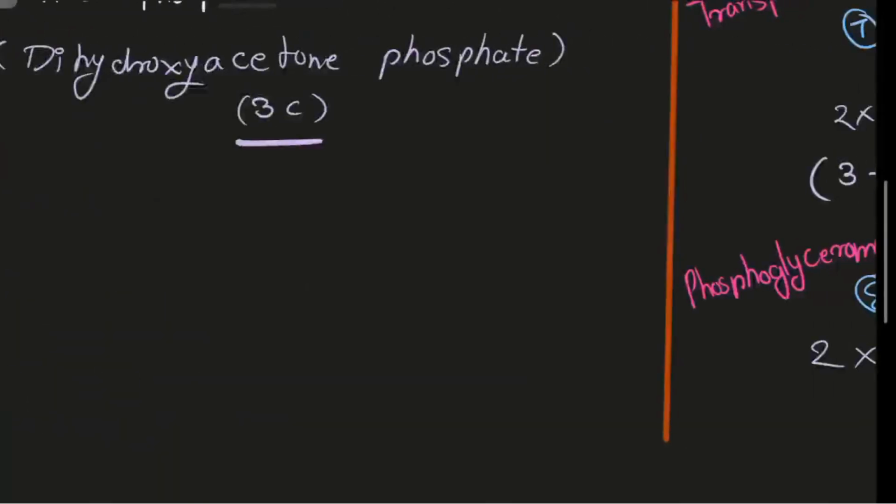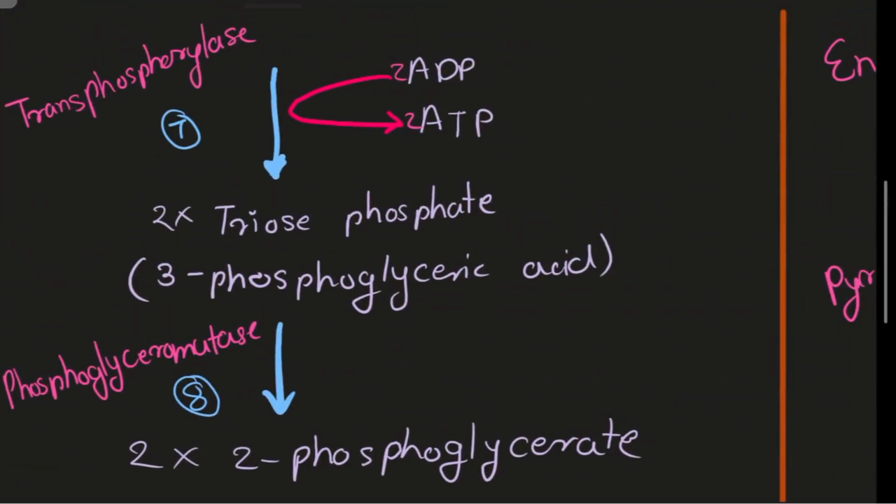This acid now moves further: in the 7th step, 2 ADPs are converted into 2 ATPs and we get 3-phosphoglyceric acid. In the 8th step, we move to 2-phosphoglyceric acid, or glycerate.